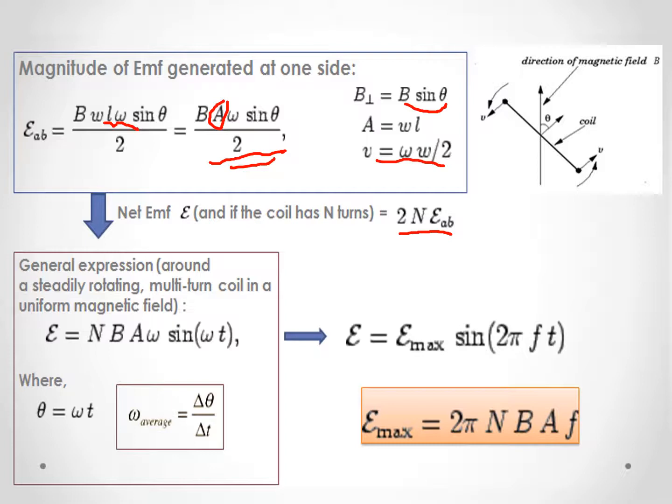Then we substitute the EMF at one side with the equation before, and we get a general expression for a steadily rotating multi-turn coil in a uniform magnetic field, and you will get this equation here.